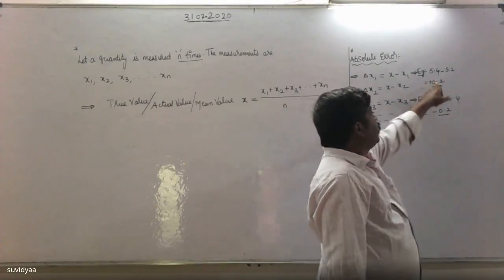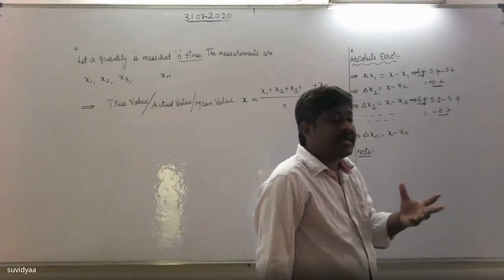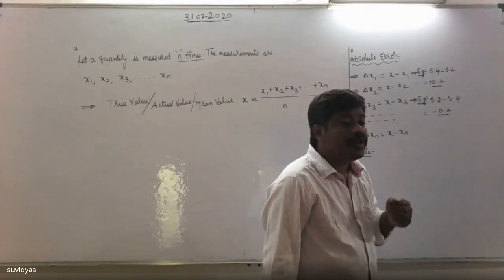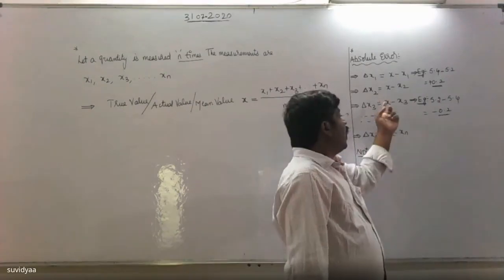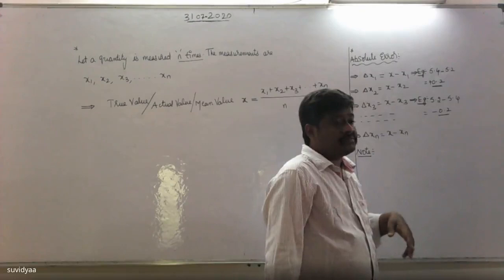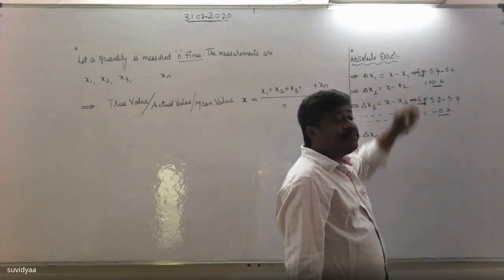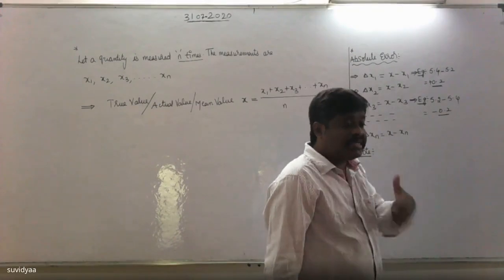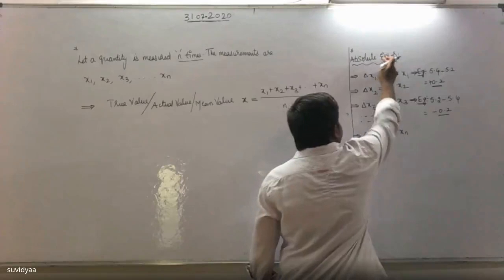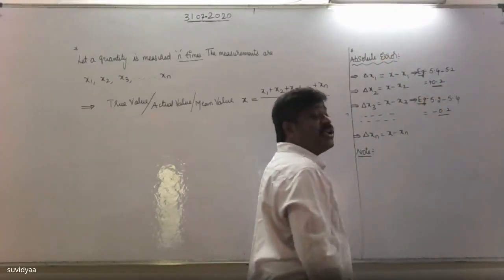Understood? Here you got plus, here you got minus. There is a possibility that x can be less and x3 can be greater, or x can be greater and x1 can be smaller. So what we understood is, absolute error can be positive or it can be negative.